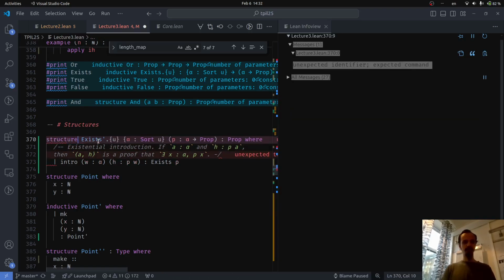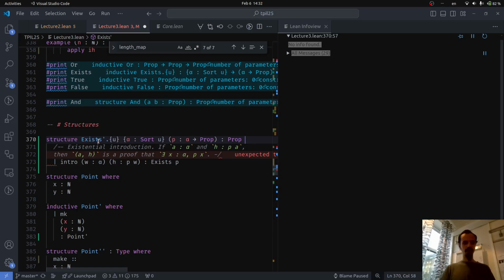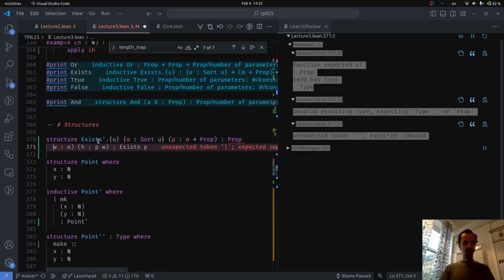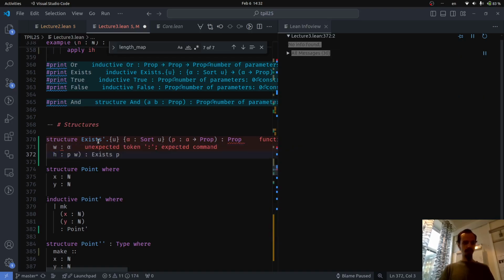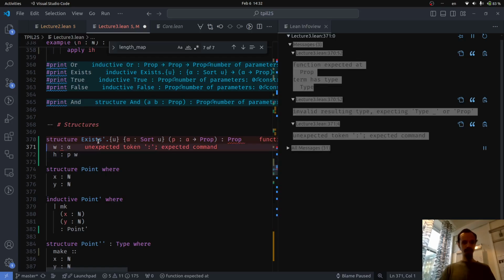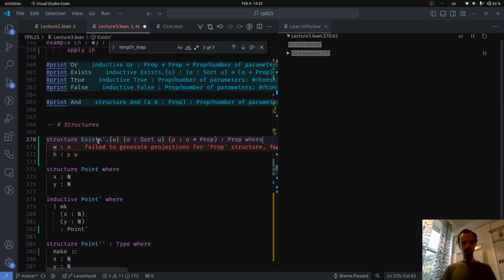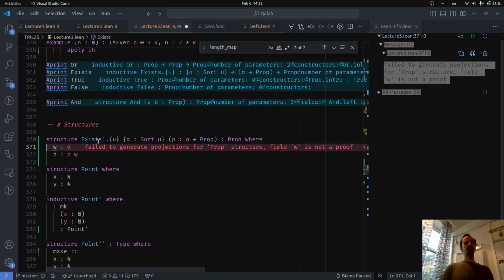It's a structure, and so we just need to make these pieces like that. Aha! And we get an error.